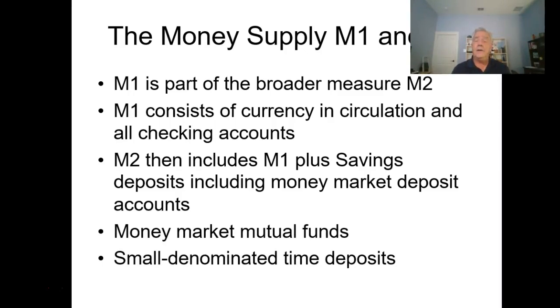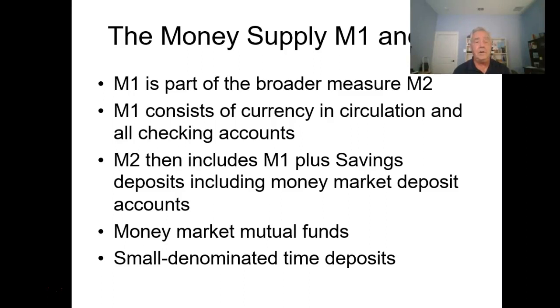A small denominated time deposit might be something like, instead of a savings account that pays 0.2% interest, say Uncle Harry gave you $5,000 to go to college. You're not going to need it, let's say, for 6 months or so. So you put it in a small denominated time deposit, and they pay you a little bit higher rate of interest than the 0.2% you might be getting in a savings account.